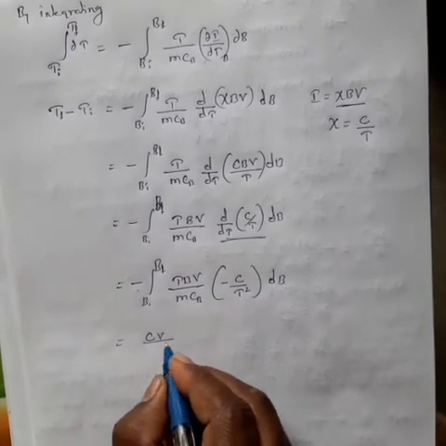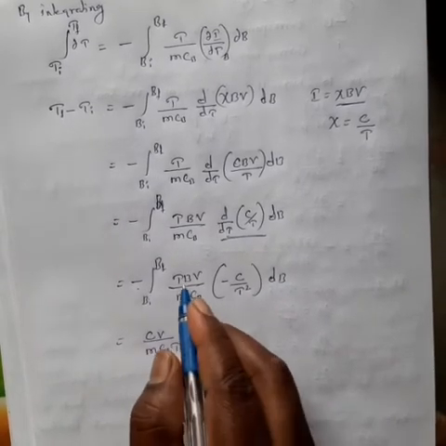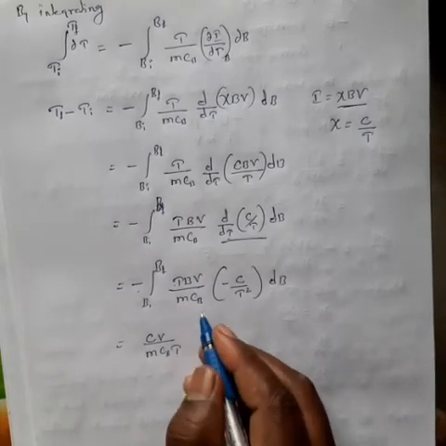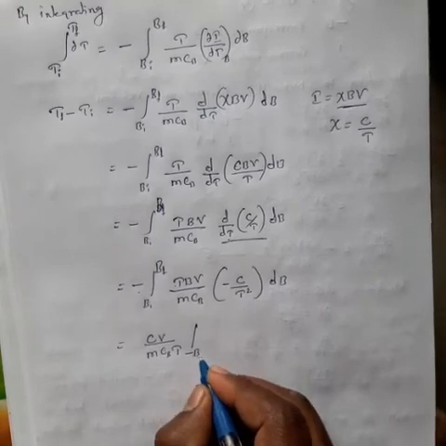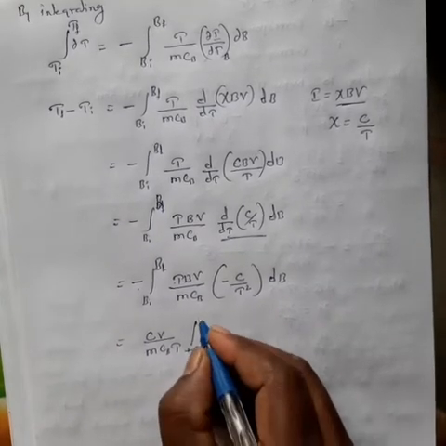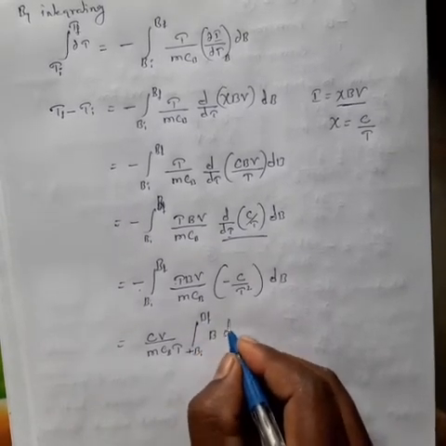CV divided by MCB into T. There is a term T and T square, they get cancelled, and the remaining T in the denominator we are going to observe, with minus in the range of integration of Bi to Bf B into dB.